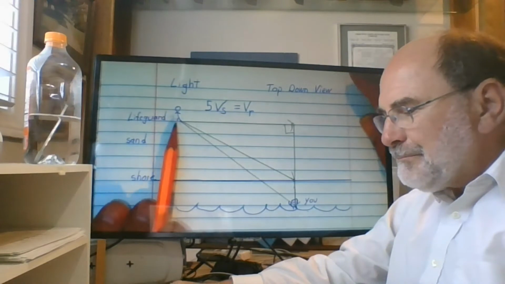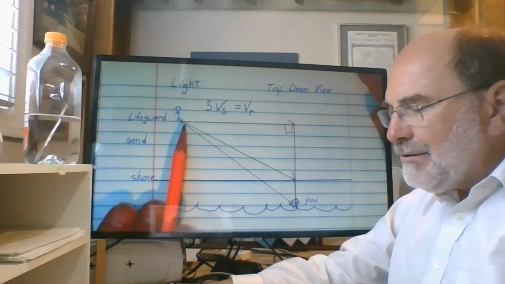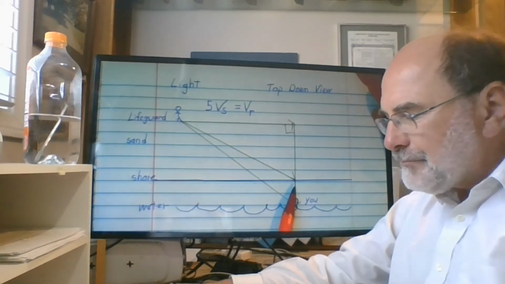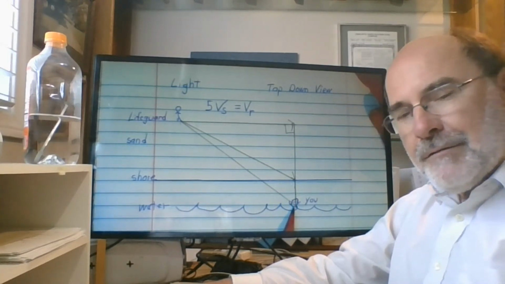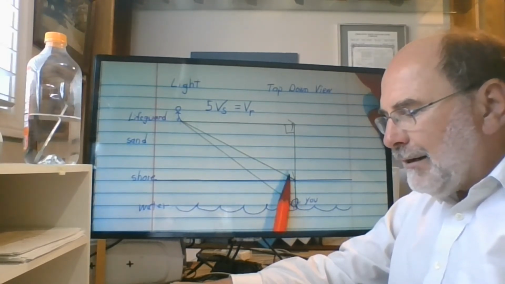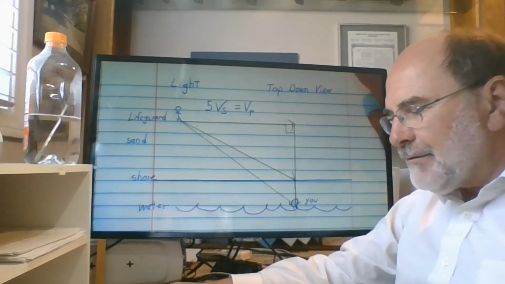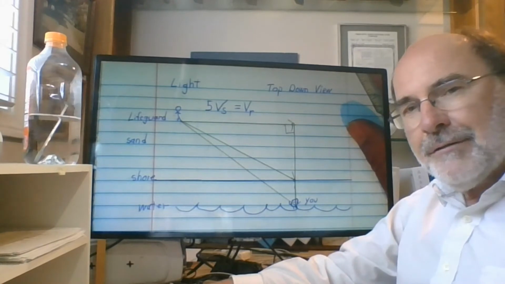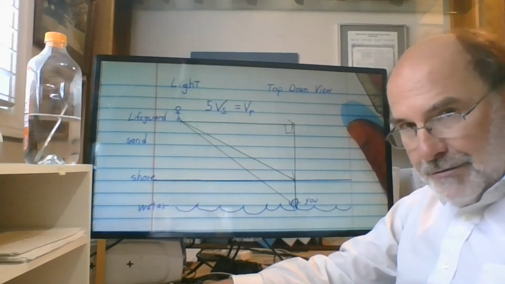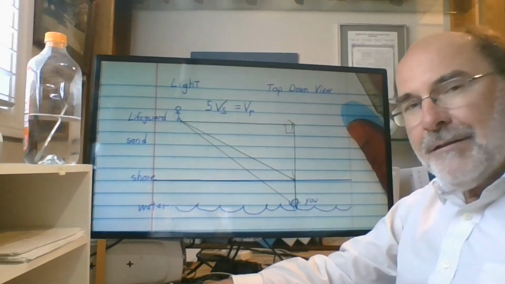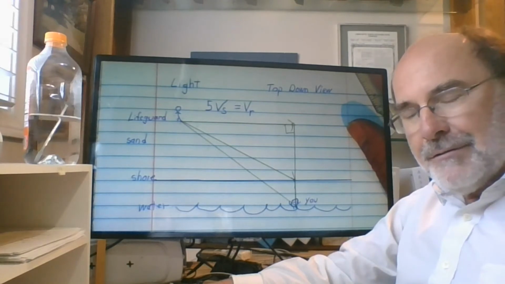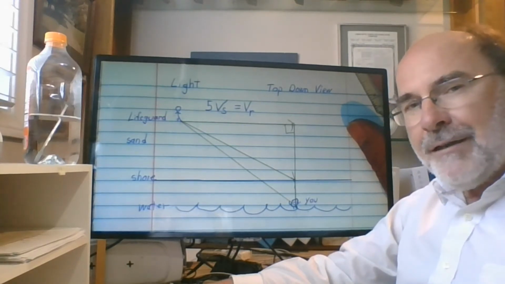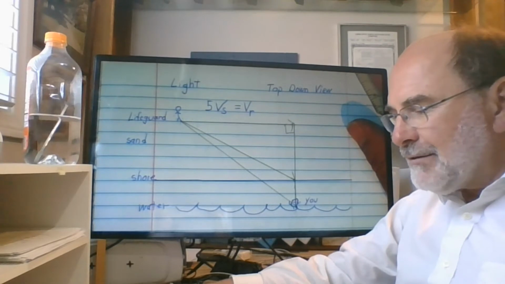So the lifeguard runs from the starting position to the point directly across from where you are across the boundary here, and then swims. And sure enough, the lifeguard swims the shortest distance to get to you. This is almost, but not quite, the best answer. There's a faster way for the lifeguard to get to you.